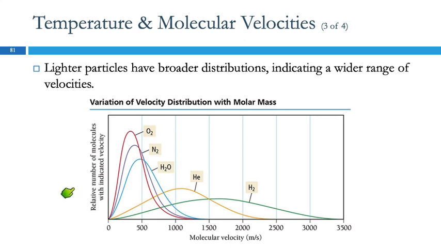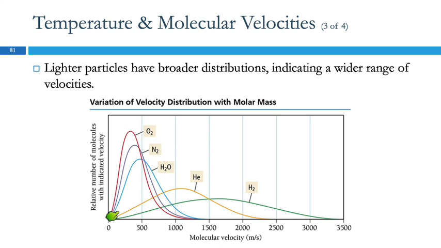This is a graph showing relative numbers of molecules with a specific velocity as a function of those velocities. We see that as the gas particles become smaller, oxygen to nitrogen to water to helium to hydrogen, the average velocity is going to be higher.